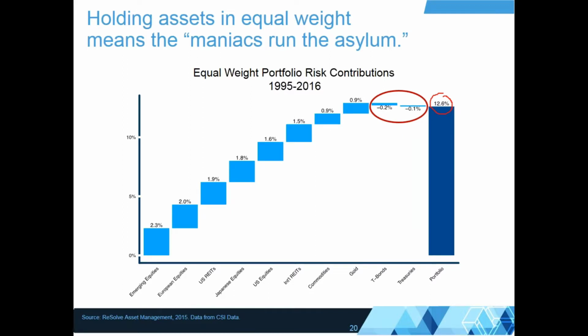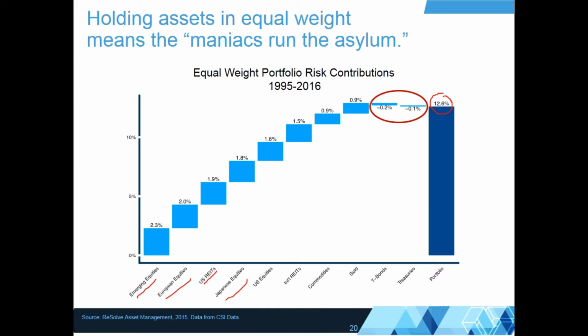This is just what you can see here: emerging equities, European equities, REITs, Japanese equities are contributing the vast majority of the volatility of the portfolio, but the risk that we get from treasury bonds and medium-term treasuries and gold and commodities isn't that much. It's not equal here. We want diversification benefits, right?